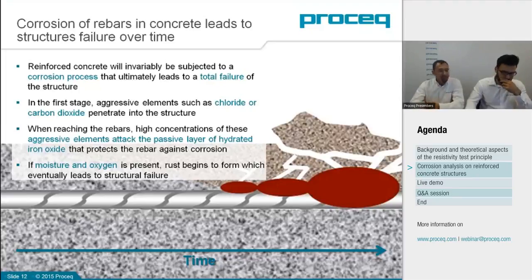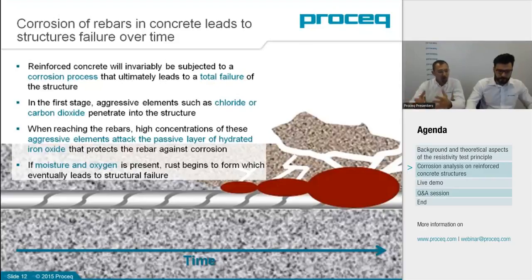The reason for that is the high cement content inside the concrete creates a very alkaline environment, and under that pH, the steel, the iron, will cover itself with a thin film of a very well adherent iron oxide, which will prevent further corrosion.